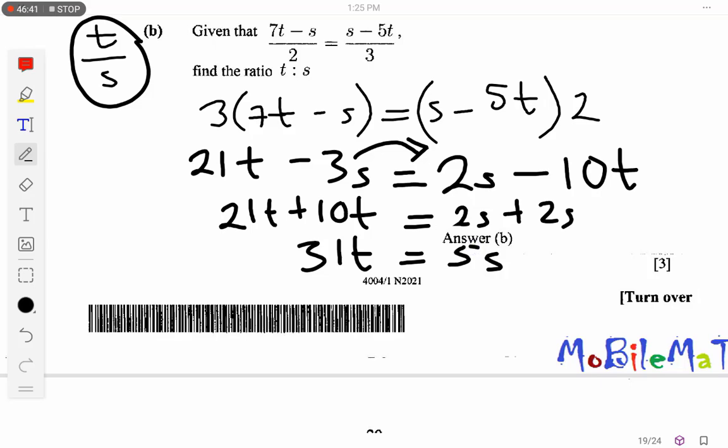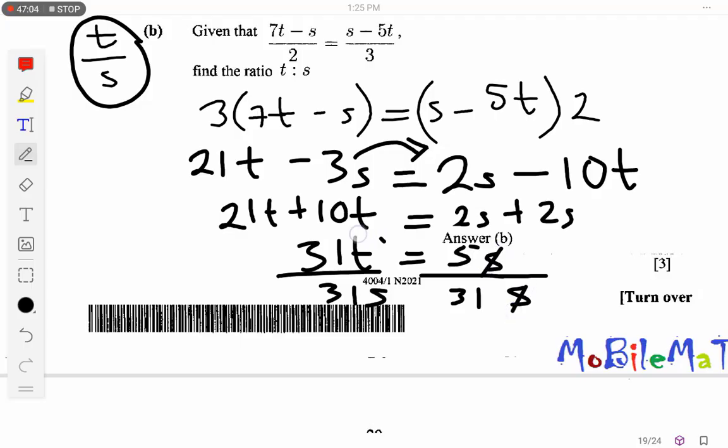And remember, we want to find t over s. So I'm going to divide this side by 31, and this side by 31. And I also divide by s here, divide by s here, so that I remove the s here.